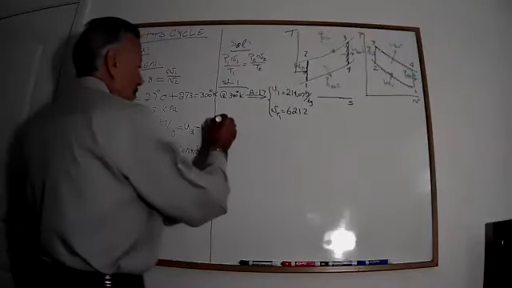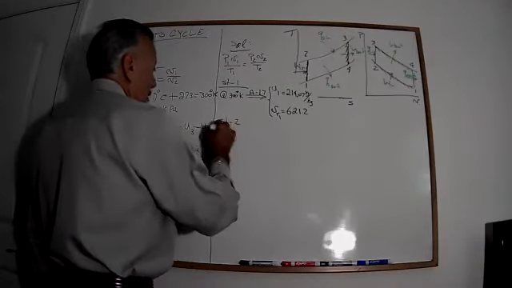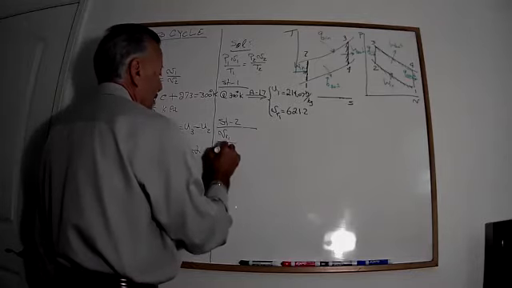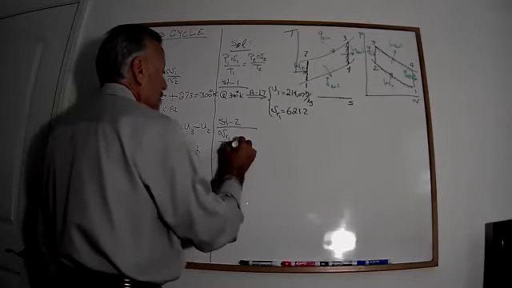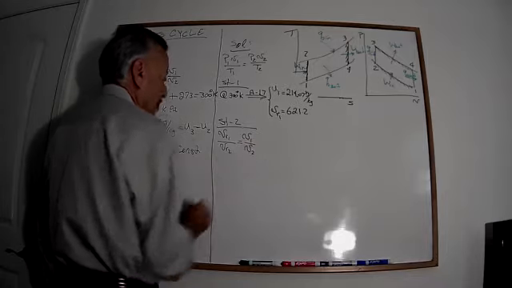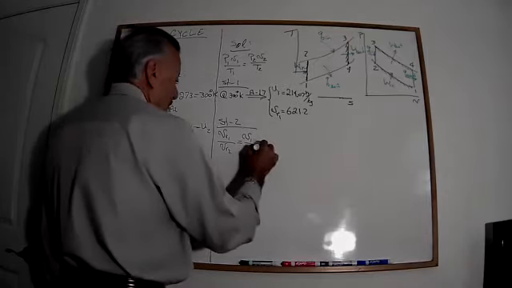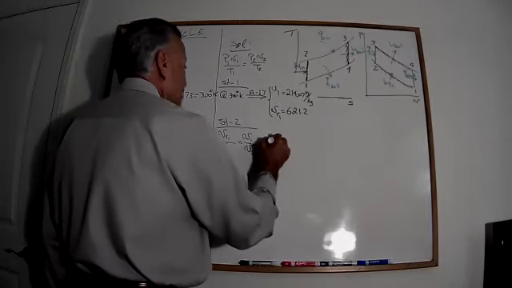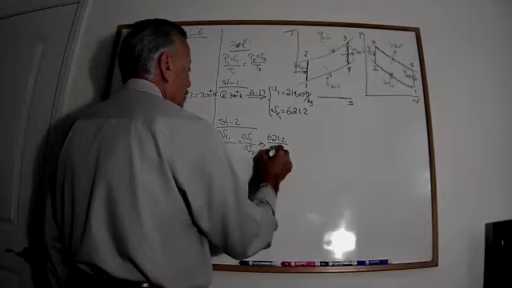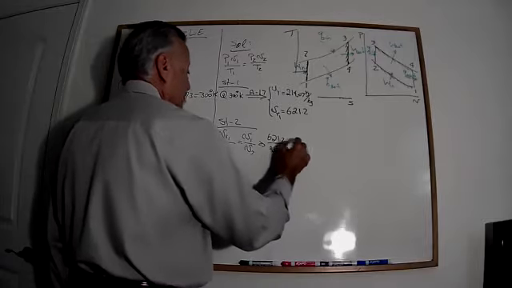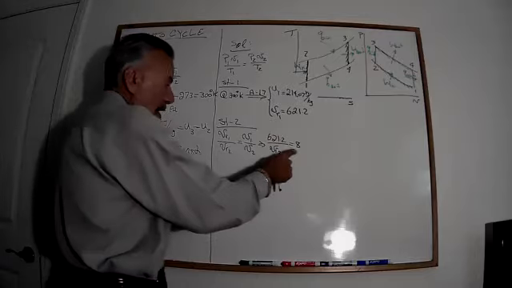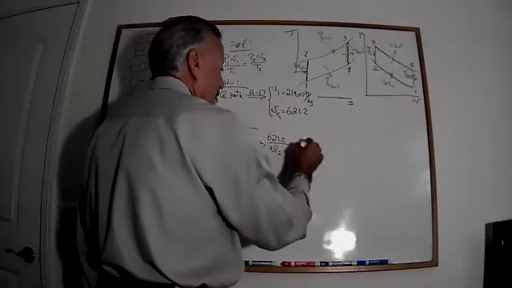Now we go to state 2. I'm going to write VR1 over VR2 is equal to V1 over V2. That means 621.2 over VR2 is equal to 8. So if I divide this number by 8, I get the value of VR2.